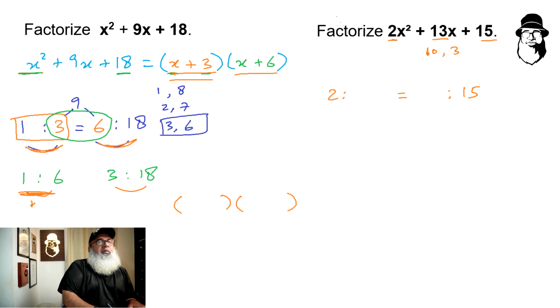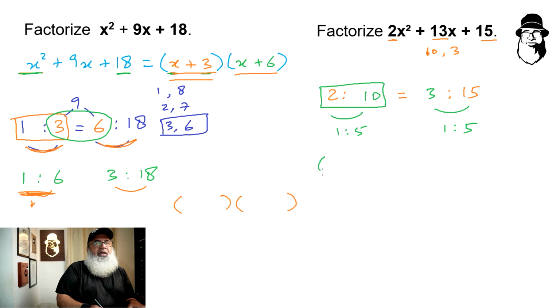So let's write 10 here and 3 here. We can see this ratio is 1:5 and this ratio is also 1:5. So same ratio, and we can put this in the first bracket. So this is 1x is x, plus this is 5, so 5 we will write here.